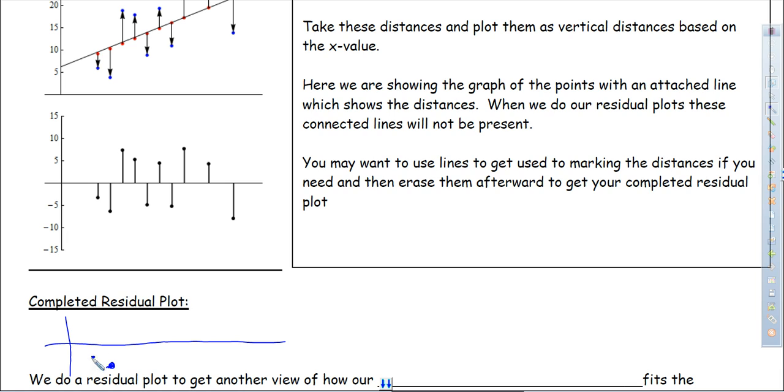The next one's above, below, above higher, above a little lower, and then farther below. So we kind of see that this is the same graph as this, just without the connecting bars. And this is what a residual plot would look like. And this just tells me whether I had an under or an overestimate in the prediction, or whether the actual was below the prediction or above the prediction.